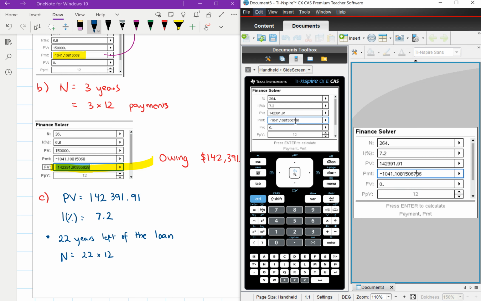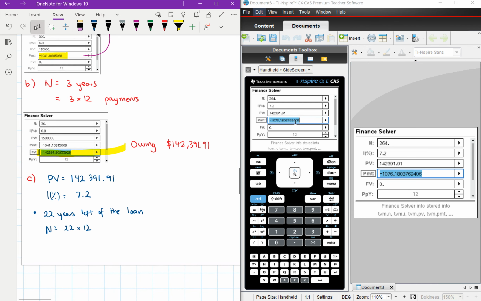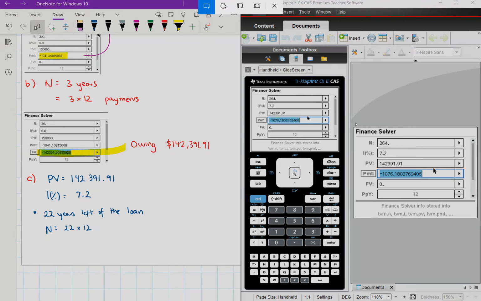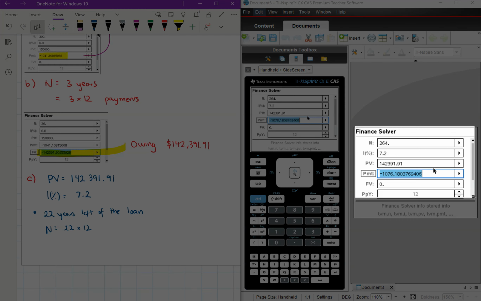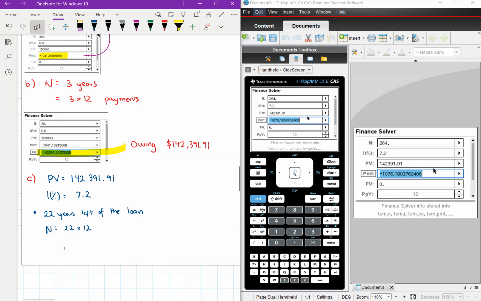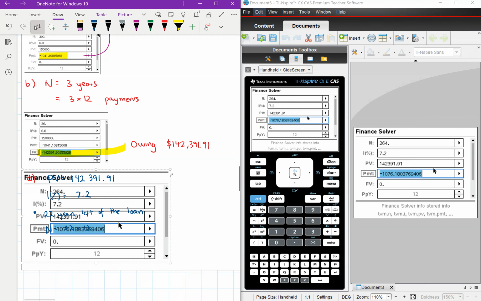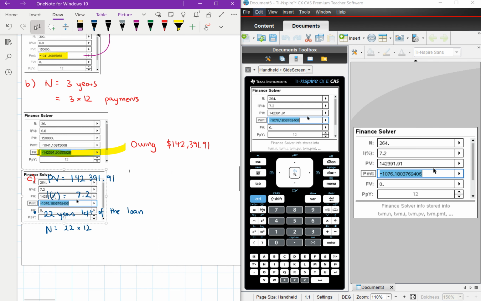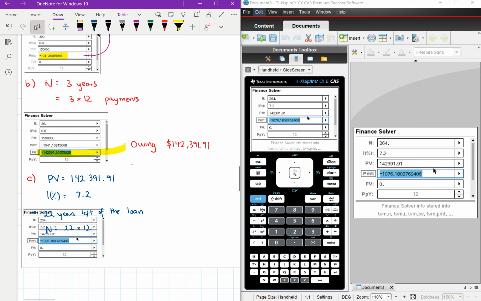I want my future value to be 0. So going back to my PMT, I press enter. And this now recalculates how much I should pay every month. So every month now, based on the finance solver, I'm just going to put it over here so you can see what I'm doing.